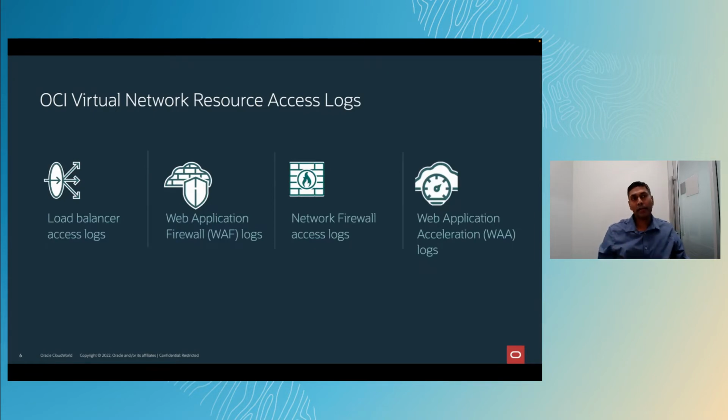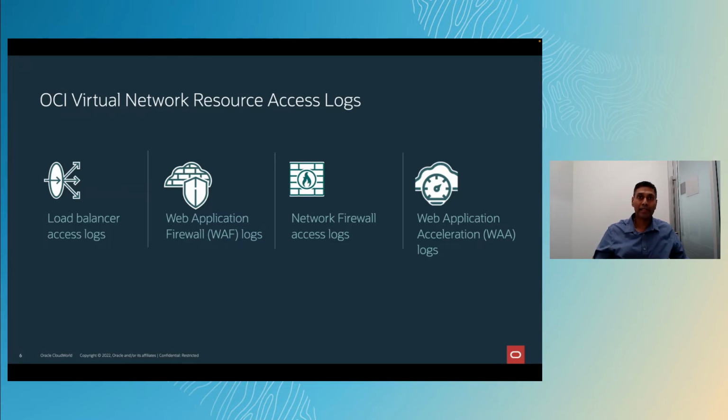The third option that we have is the access logs that are available from certain types of resources. The common ones that you use in your environment, for example, let's start with the load balancer. Load balancers have something called access logs. The access logs provide information about the connections that are coming into the load balancer.